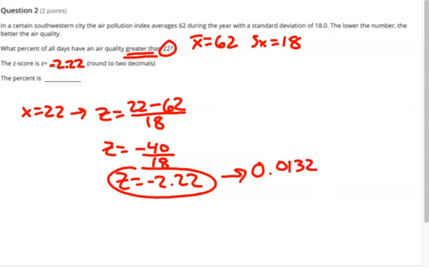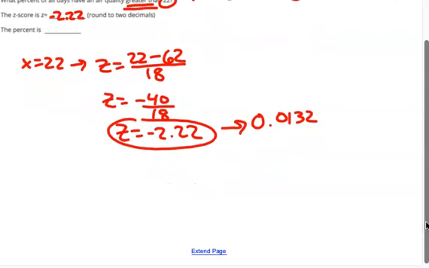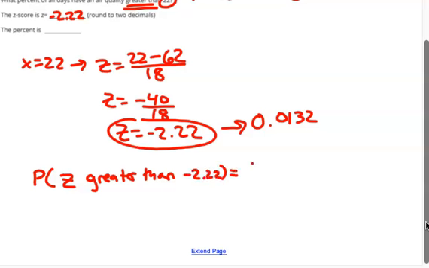Okay, but this is a greater than problem. So to get that percentage at the end, we need the probability that Z is greater than negative 2.22. That's 1 minus the percentage that we found in the chart, 0.0132.